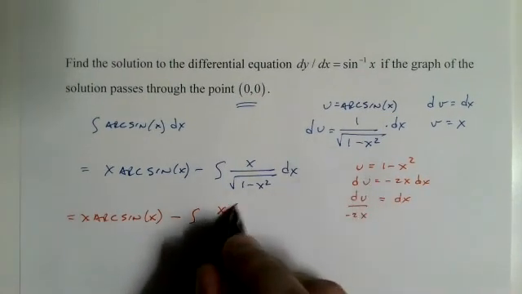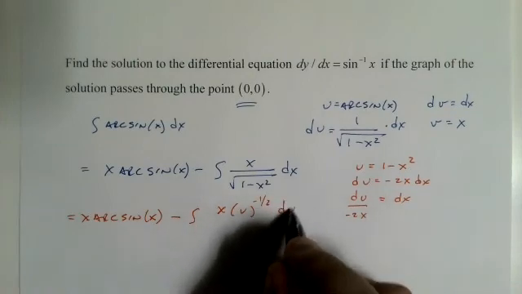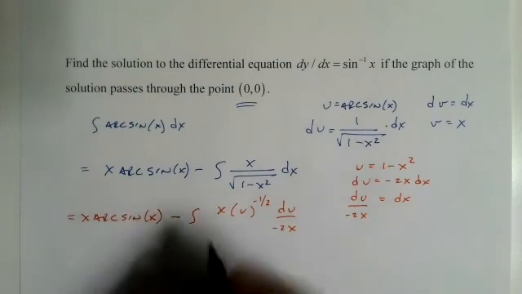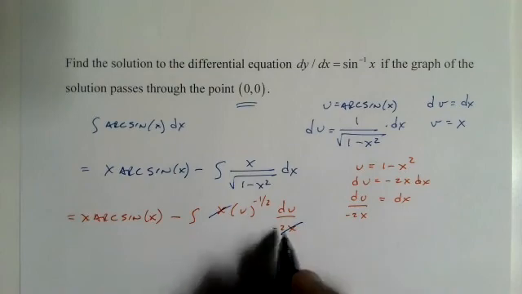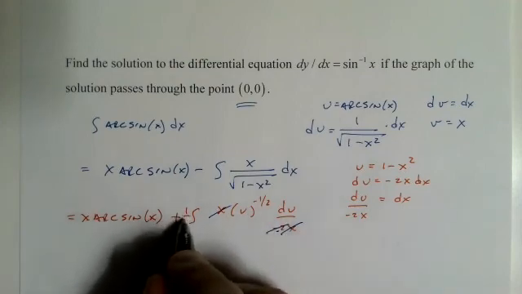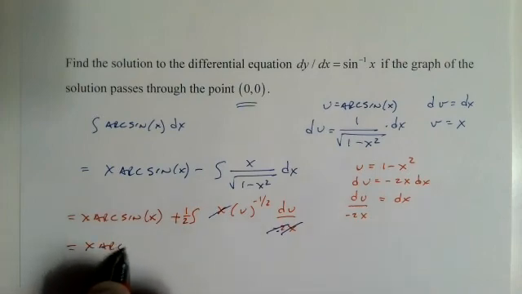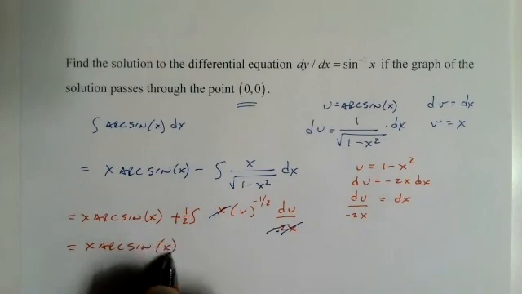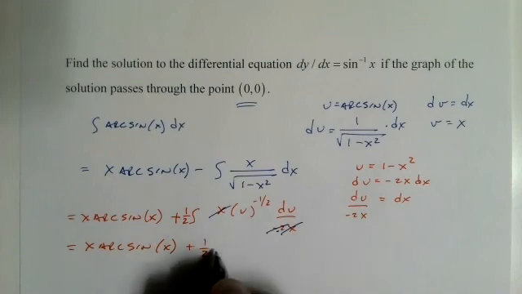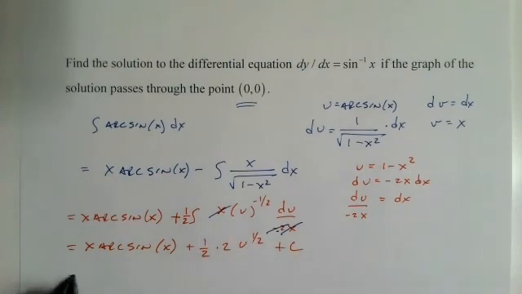This is now u to the negative 1/2. dx is du over negative 2x. On the bottom, plus 1/2 equals x arc sine of x plus 1/2. Add 1/2, divide by 1/2 is times 2, u to the 1/2 plus c.